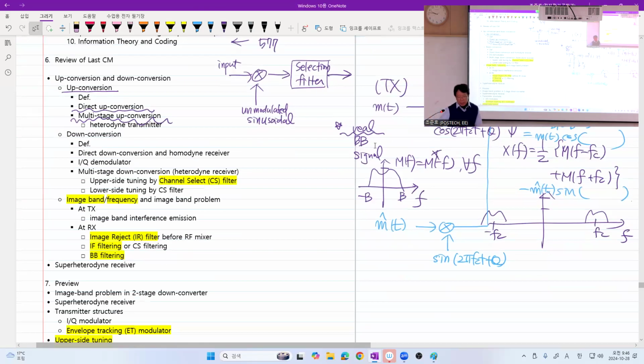And that is the idea that Reginald Fessenden, who is regarded as the inventor of wireless voice, actually patented. So his idea was like this. Instead of having a single mixer, you have two mixers with lower frequencies.